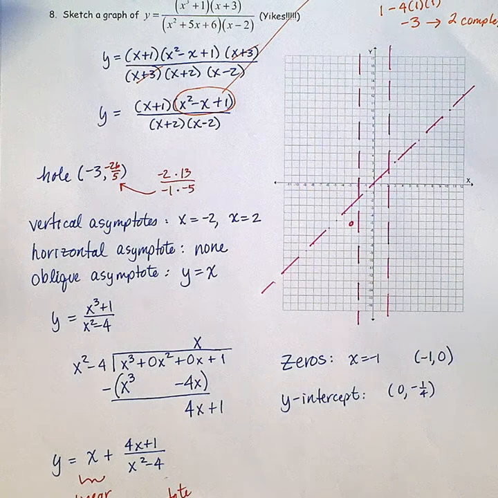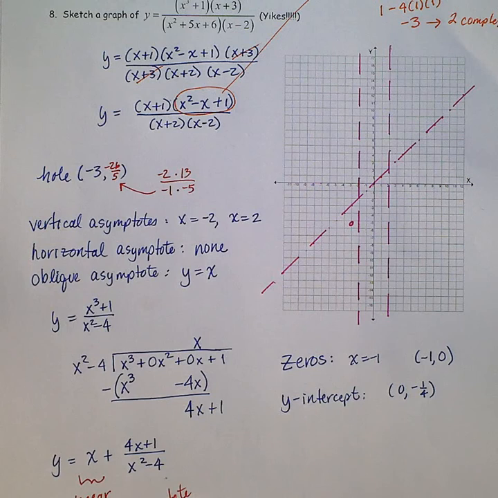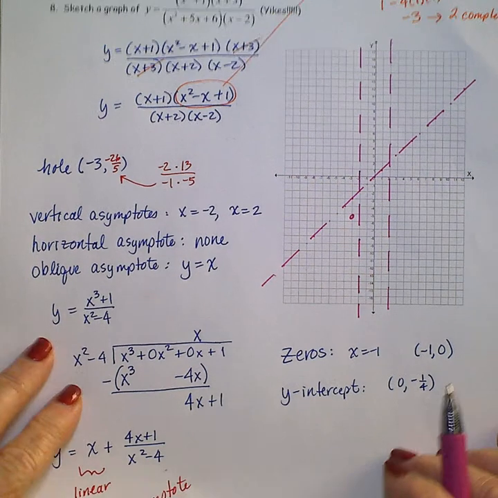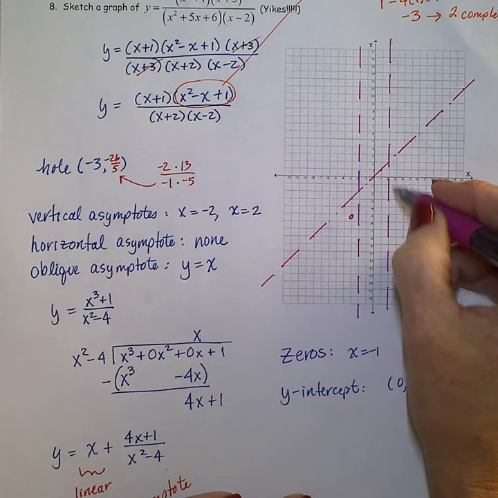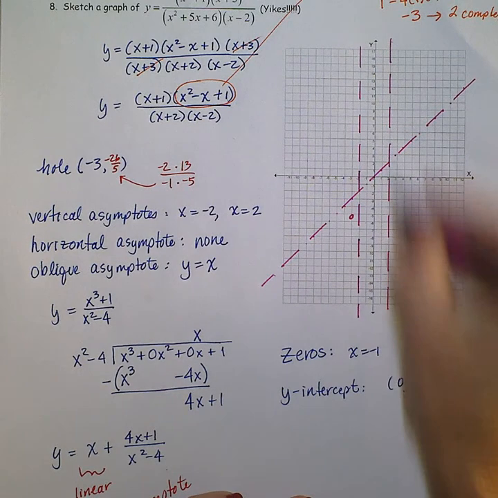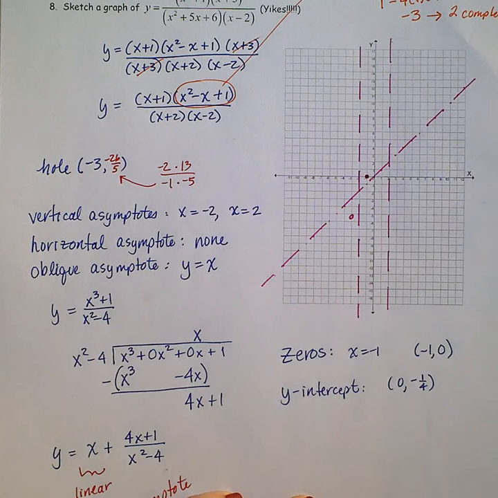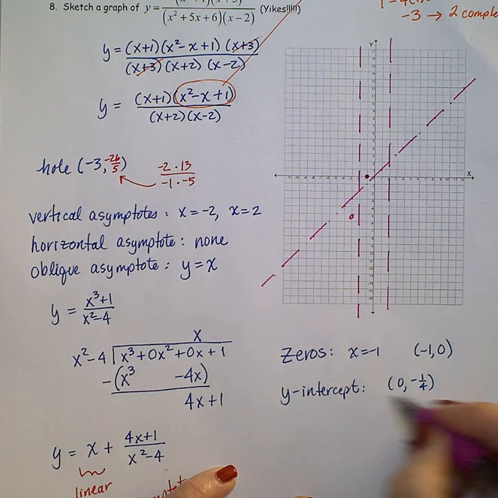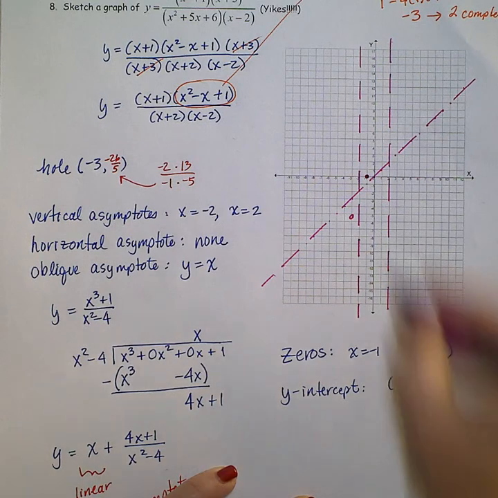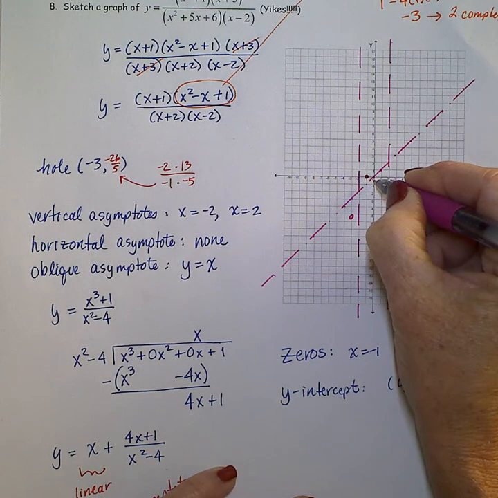There's that oblique asymptote. We have a 0 at x is -1, so here's a point right here. When x is 0, y is -1/4, so that's right here.